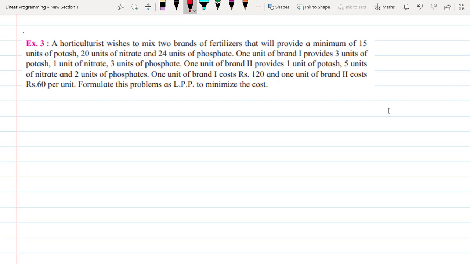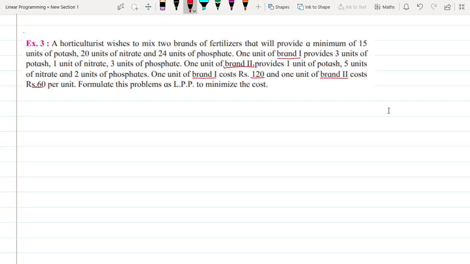A horticulturist wishes to mix two brands of fertilizers that will provide a minimum of 15 units of potash, 20 units of nitrate and 24 units of phosphate. 1 unit of brand 1 provides 3 units of potash, 1 unit of nitrate and 3 units of phosphate, and 1 unit of brand 2 provides 1 unit of potash, 5 units of nitrate and 2 units of phosphate. 1 unit of brand 1 costs 120 rupees and 1 unit of brand 2 costs 60 rupees.